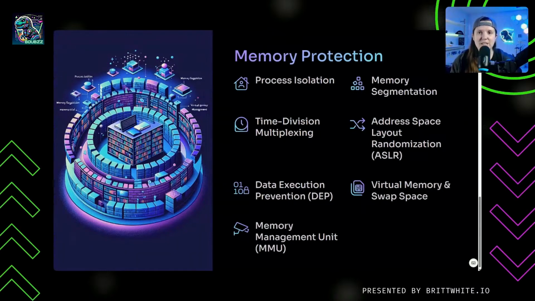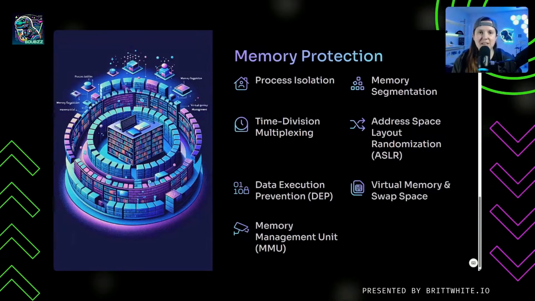And then we have memory segmentation, where the CPU and MMU carve memory into chunks, physically separating applications, like having different floors in our office building. Each program gets its own floor, preventing malicious code from breaking into other areas. With time division multiplexing, the CPU juggles applications by giving each a tiny time slot, like milliseconds, to run.